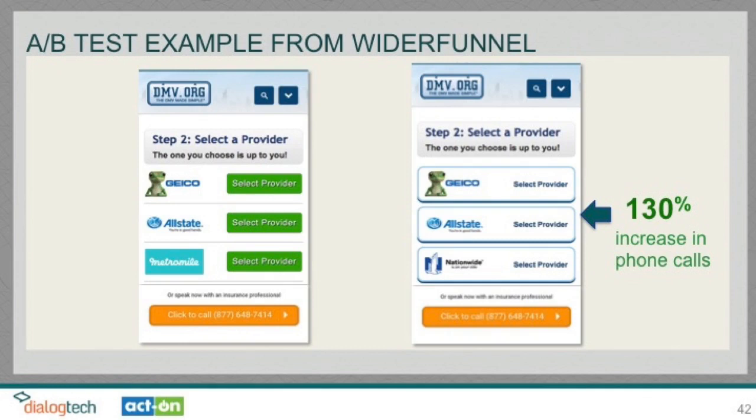So 130% more phone calls, and those phone callers were valued as purchase ready. They converted to revenue more often than people who would have otherwise just clicked on and visited the website. So, being able to use call conversion data in your A/B tests for mobile is extremely important.